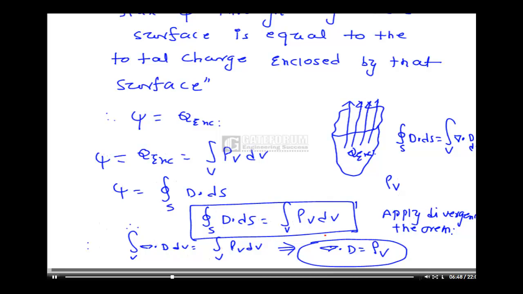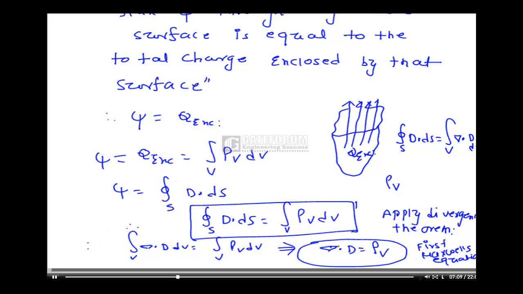Del dot D is equal to rho v. This is the first Maxwell's equation.